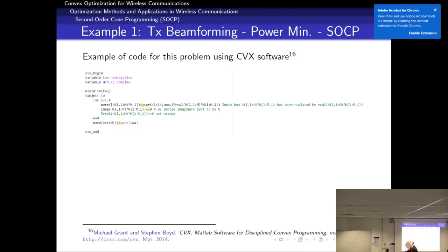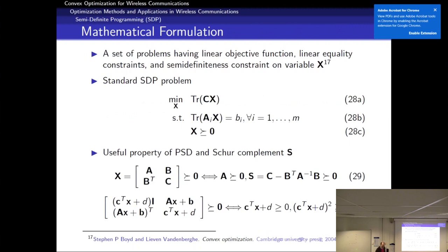Right, so if you do that, you can run this, and it will give you the minimum value of this tau, and it will give you the value of W that minimizes this function. Right. And I will show you some simulation results in a minute. So this was about this SOCP.